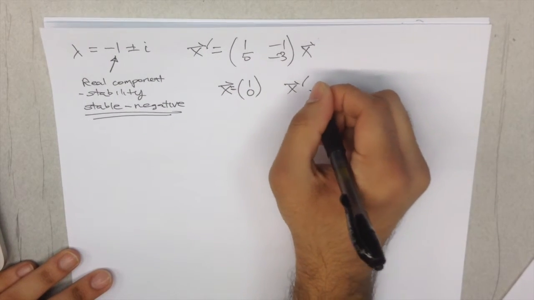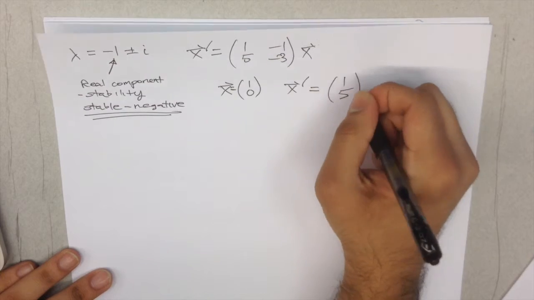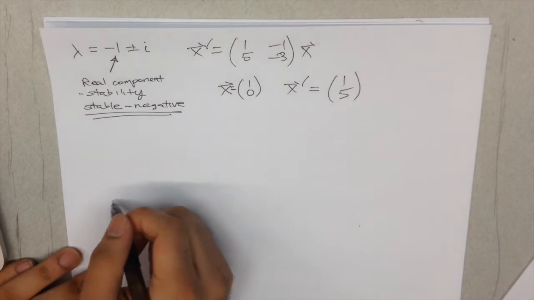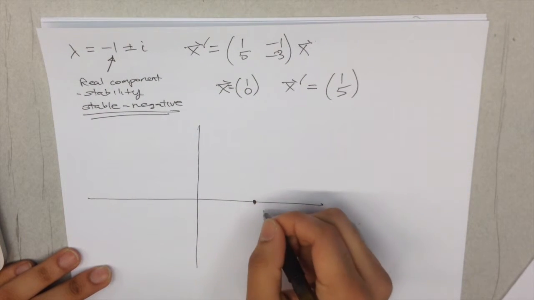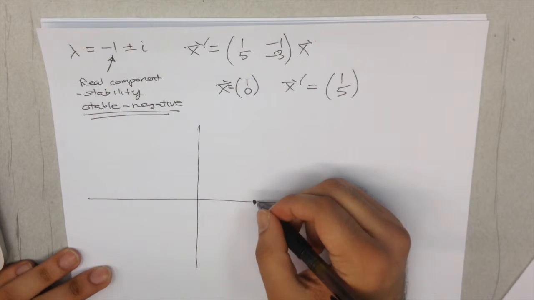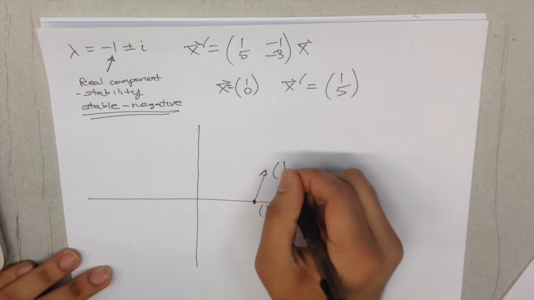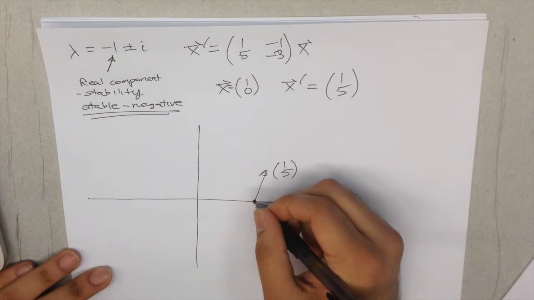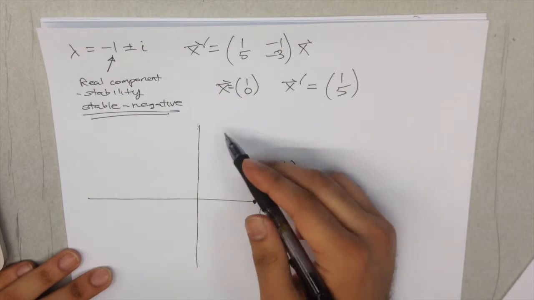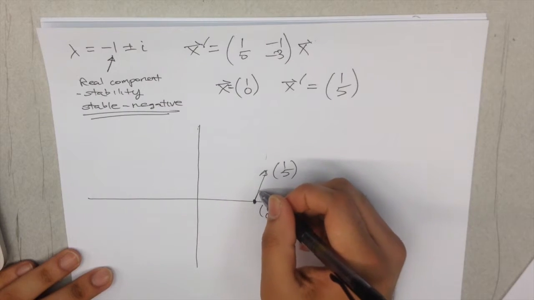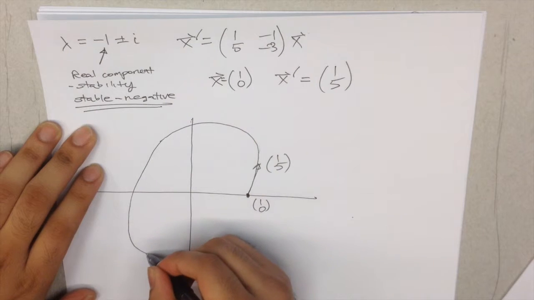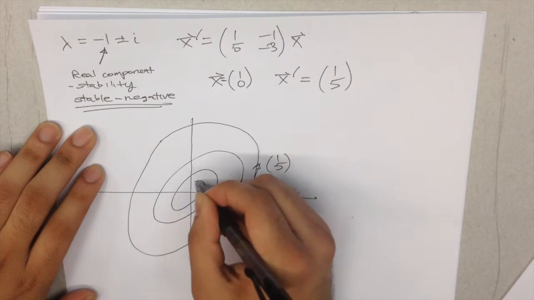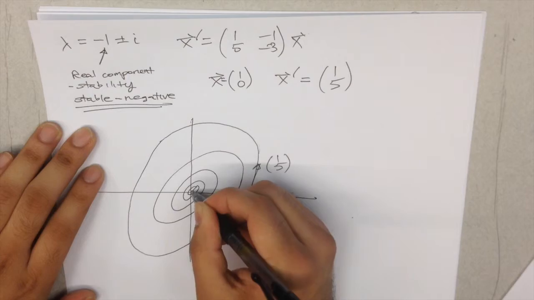That would mean that our x prime is equal to 1, 5. So if we draw the phase plane, and we're at this point 1, 0, then we know that our derivative would be upwards in this direction, 1, 5. This tells us that our solution is counterclockwise, but also it's stable. So that means it's going to finally crash into the origin.